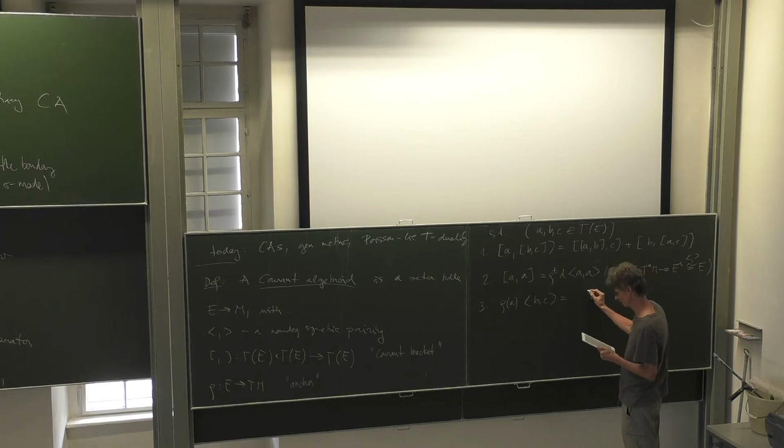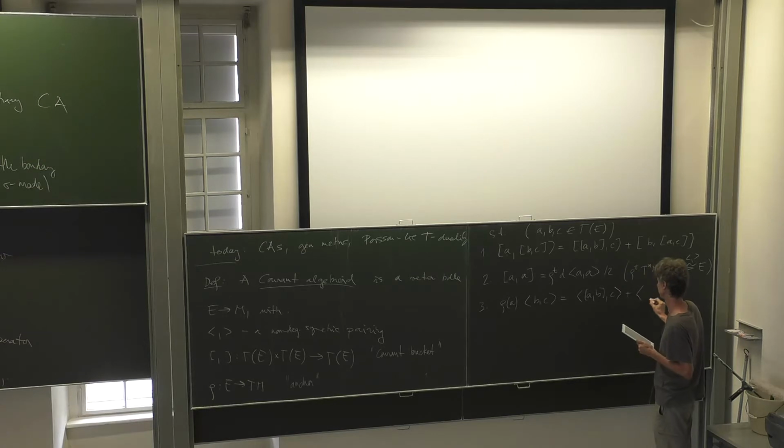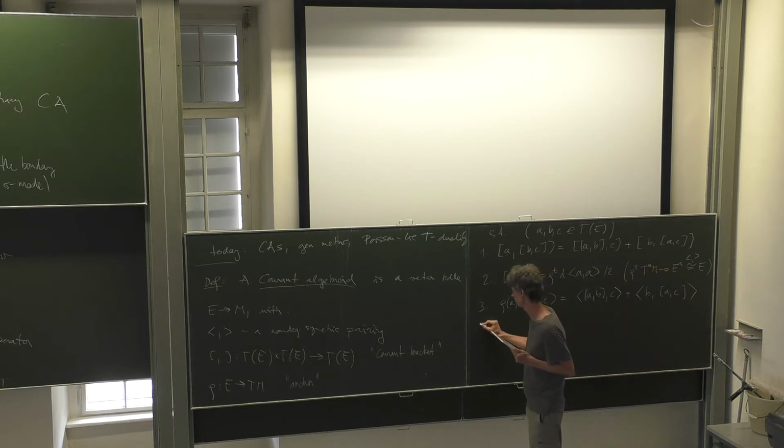What we get is A acting on B, plus the same thing with A acting on C. Okay, and that's it. One can say these are the only axioms. And there is a little exercise that these three imply two more things.